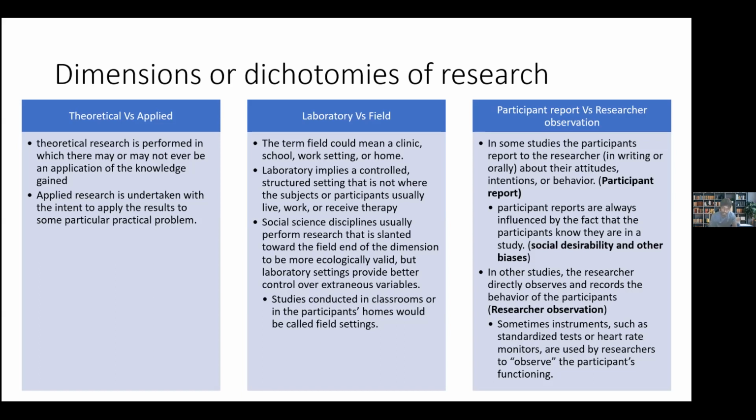The drawback with this is they may be faking good or faking bad. They may want to portray themselves in a particular way, so they would not say the appropriate thing, or there could be a lot of stigma or taboo associated with the particular behavior, so they are not going to report it. So participant report has certain drawbacks, such as social desirability and various biases.